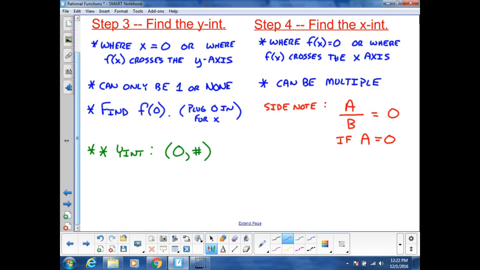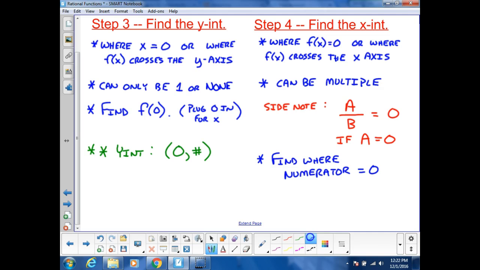So if I want to find the x-intercept, I'm going to find where my numerator, the top of my fraction, is equal to 0. That's going to give me my x-intercepts. I set the numerator of my fraction equal to 0, and I solve it. That gives me my intercepts.